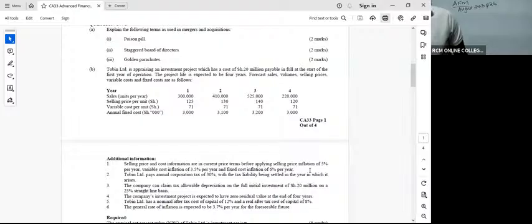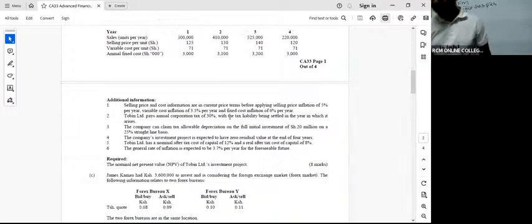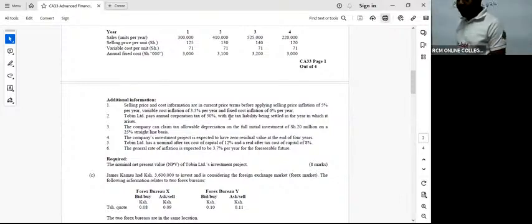Then we are given additional information. Number 1, selling price and cost information are in current price terms before applying selling price inflation of 5% per year, variable cost inflation of 3.5% per year, and fixed cost inflation of 6% per year.